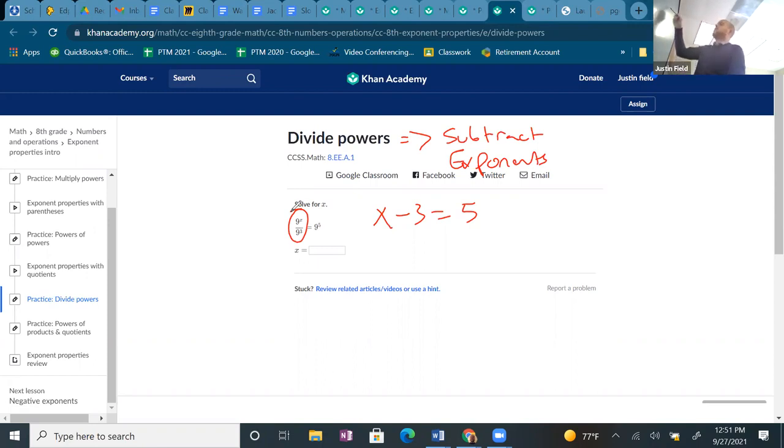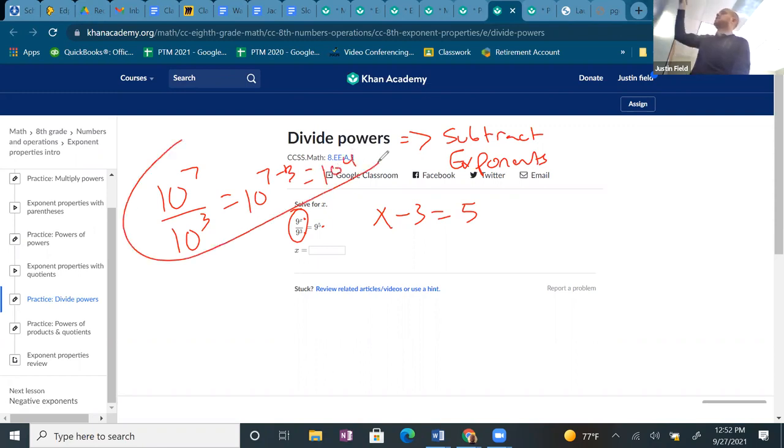A simpler example would be 10 to the 7th over 10 to the 3rd, which is 10 to the 7 minus 3, 10 to the 4th. That's a separate, easy example. I don't know why they didn't give you an easy example for the first problem, but anyway, x minus 3 equals 5, so x must be 8. The answer is 8.